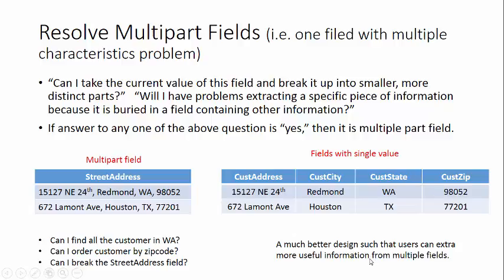And the user can extract more useful information from multiple fields instead of a multiple part field. One field with multiple parts, that's bad. Multiple fields where each field contains one piece of information, that is good. So this is one example of bad and good design.